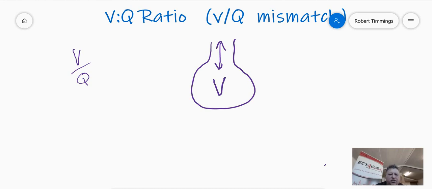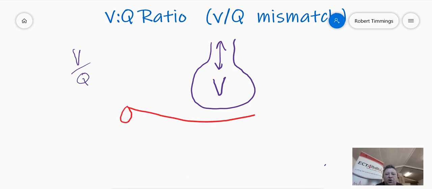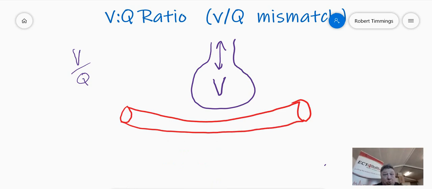The other bit of the equation is looking at the blood that literally circulates through your lung. We've got that capillary that represents all of the blood that circulates through your lungs. As blood circulates from the right side of your heart through your lungs to become oxygenated, to dump the CO2 and back to the left heart, gas exchange is taking place.